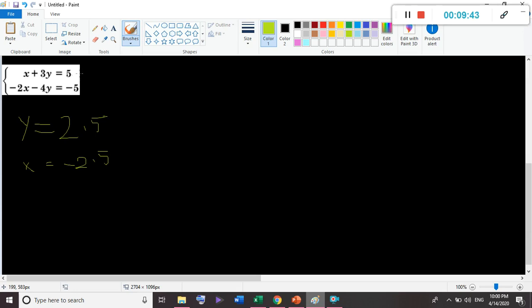We're going to start with the first one. Instead of x, it's going to be negative 2.5 plus 3 times 2.5. Is it equal to 5? Let's use the calculator.